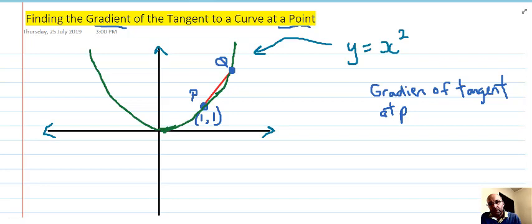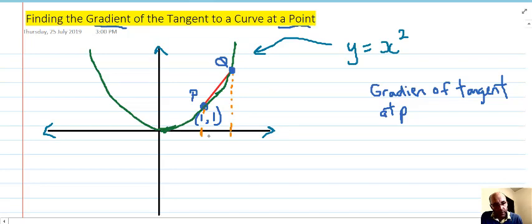Now, we've been able to do estimates in the past when we've looked at instantaneous rate of change. Here's another approach, and this will just touch the edge of a topic called limits. What we often do is call the gap between P and Q in the x direction, this distance here, a variable, and we often call that h.